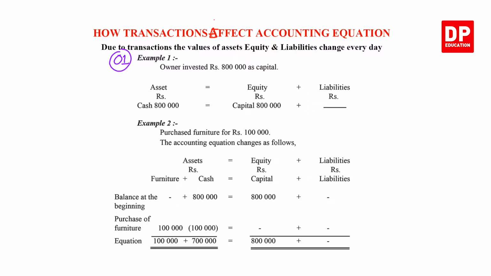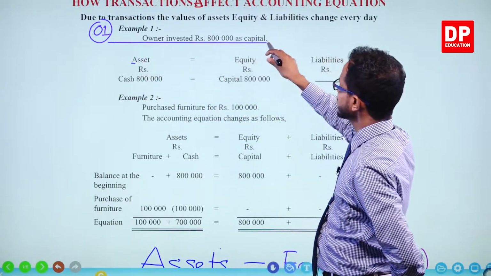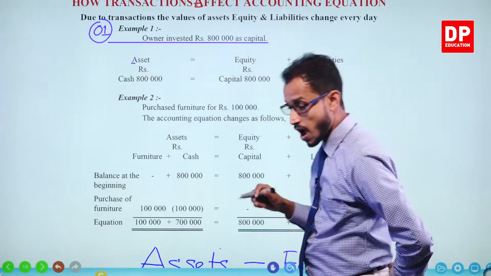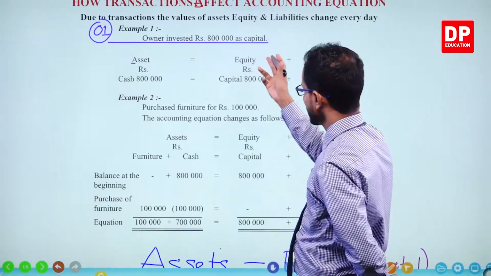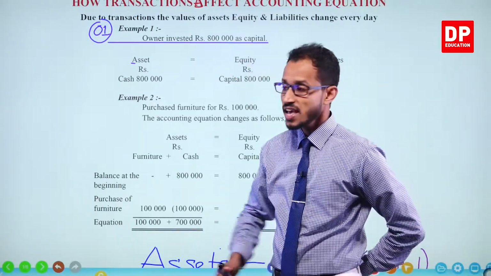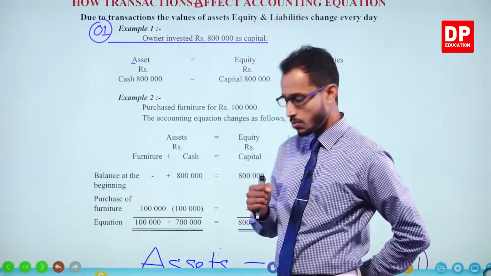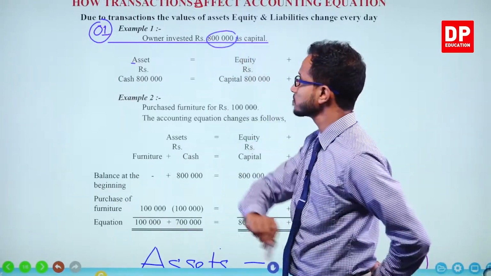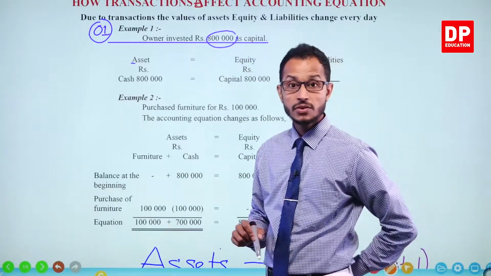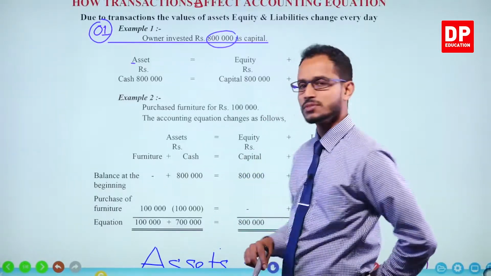Example number 1, it says, owner invested 800,000 as capital. So the owner of the business has invested capital to the business. How much? 800,000. Not 800. 800,000.